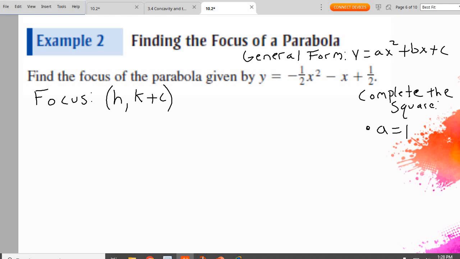Or two, we can multiply by something strategically, a good number that'll make our a value 1. So in this case, what could I multiply my equation by to make that a 1 in front of my x squared instead of a negative 1/2? Negative 2. But remember that I do have to multiply that to both sides and to everything in my equation.